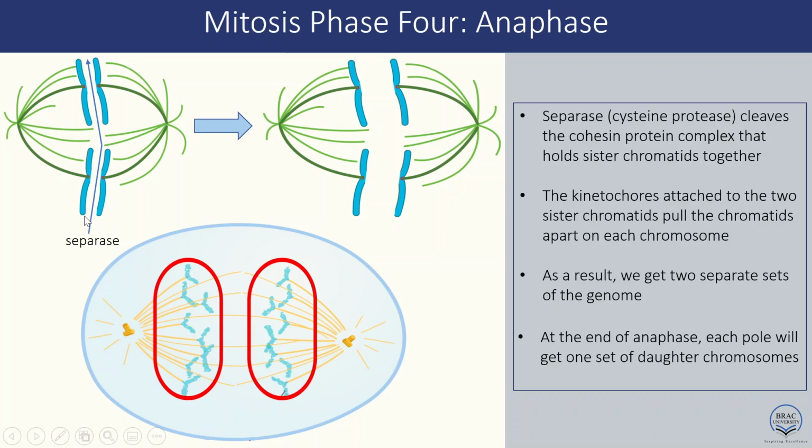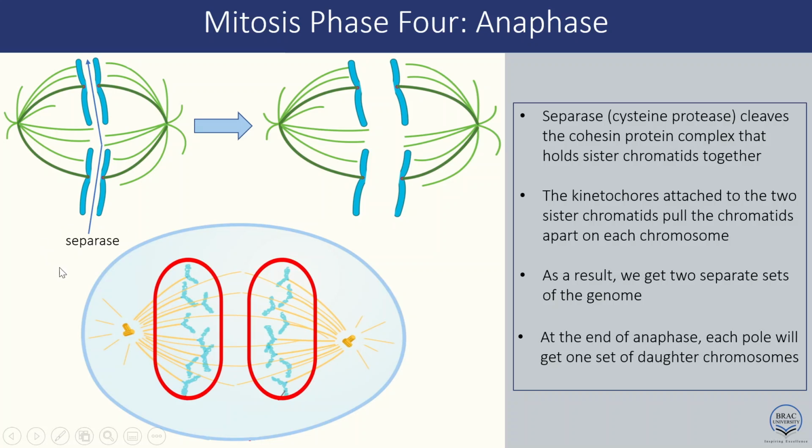And in this phase, there's another enzyme, separase. From the name, you can guess that separase mainly separates the sister chromatids. Separase is an enzyme that falls under the cysteine protease enzymes. Those have a very different and important function, the cysteine protease.